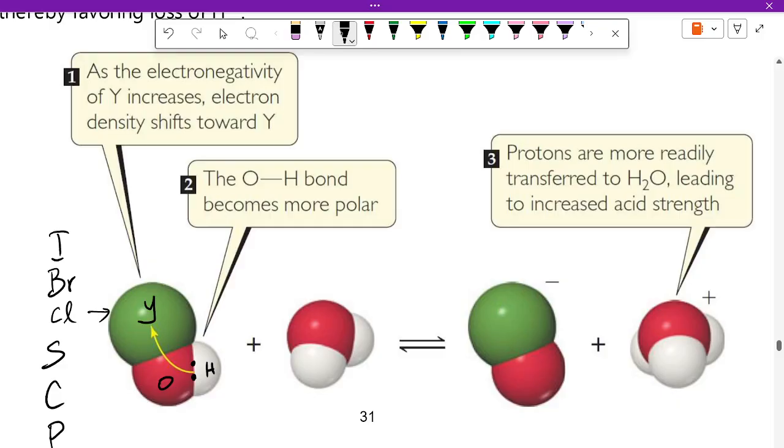It's going to be a non-metal. And the more electronegative, the easier it is for that hydrogen to fall off.